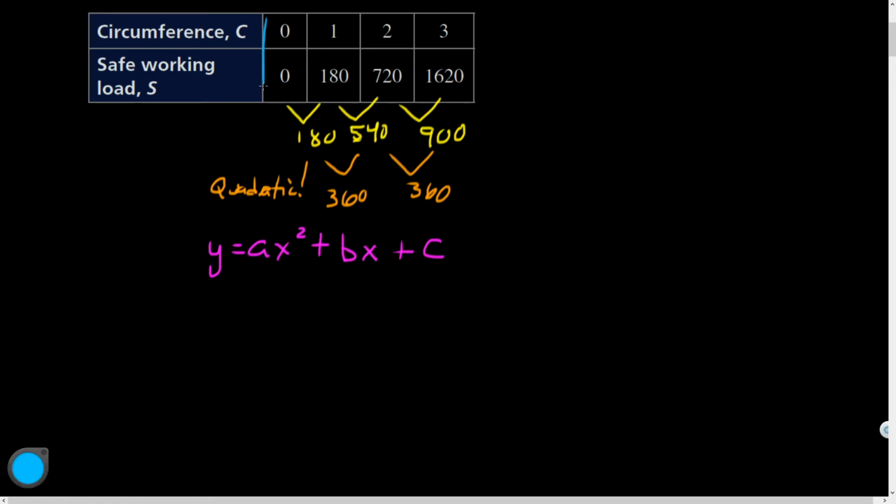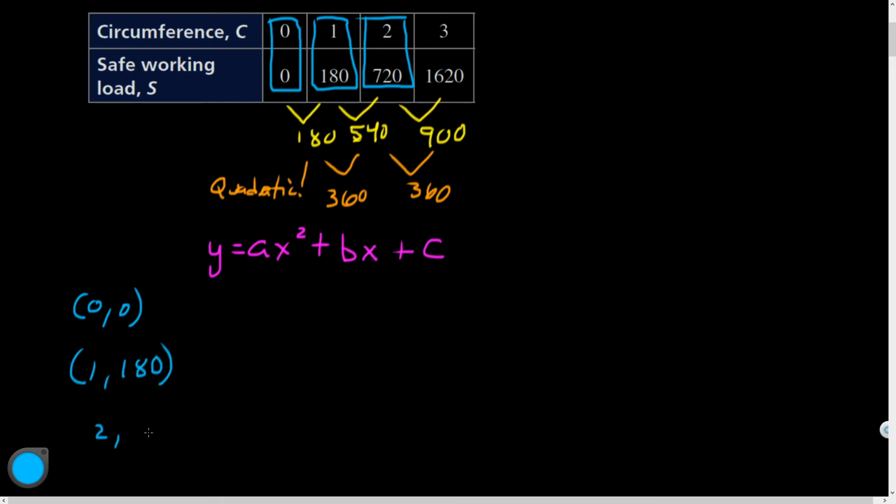The point 0, 0 looks like a wonderful point to use, but as far as finding a, b, and c, it would just tell me the value of c. All right, it's good, we're taking it. We'll just use our first 3 points because they had the smaller numbers: 0, 0; 1, 180; and 2, 720.